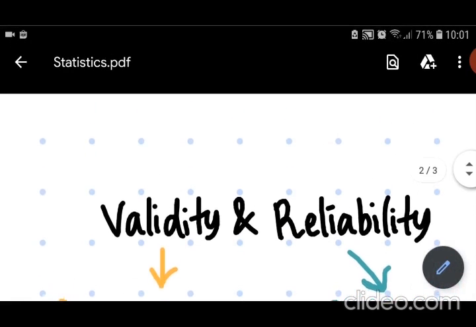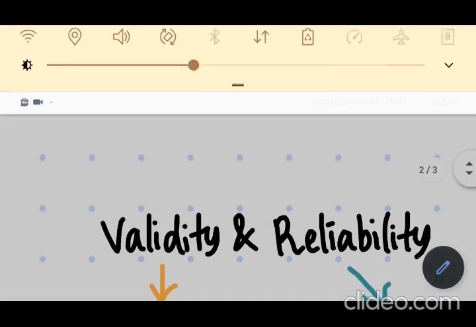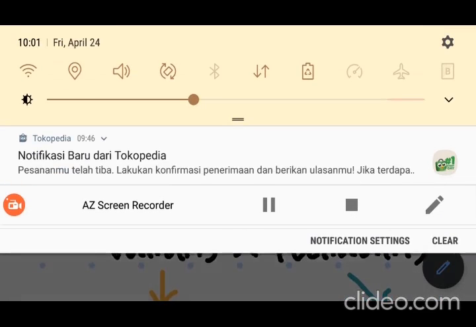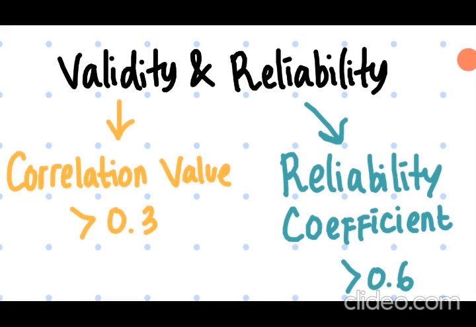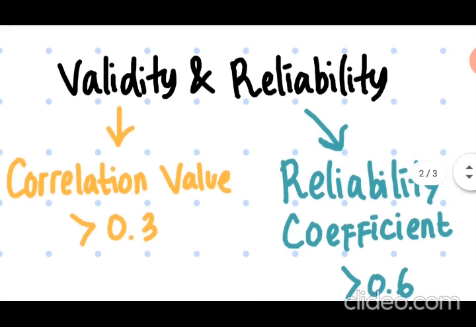If it's more than 0.3, it means that the data is valid. For reliability, we can see it from the reliability coefficient. If it's more than 0.6, it means that the data is reliable. So if the data has a correlation value more than 0.3 and a reliability coefficient more than 0.6, it means that the data is valid and reliable.